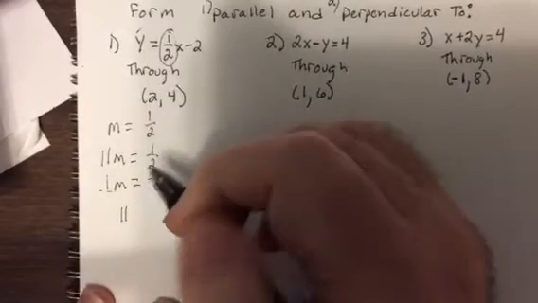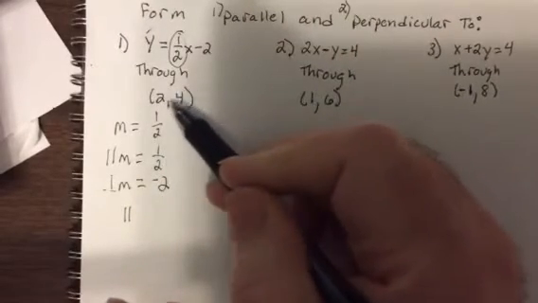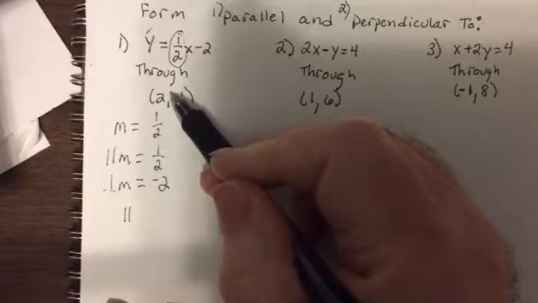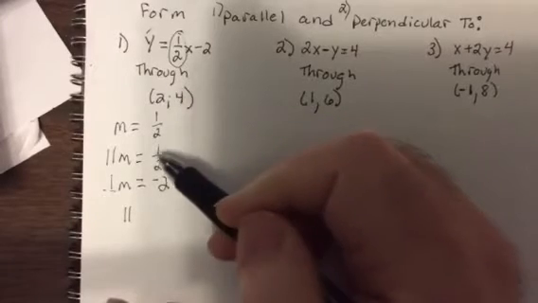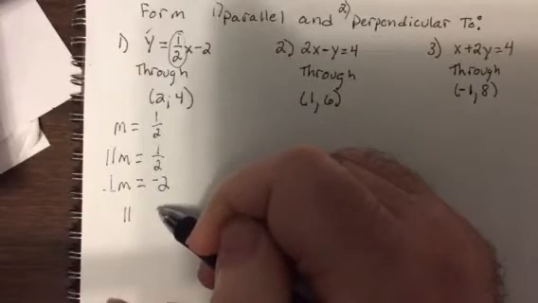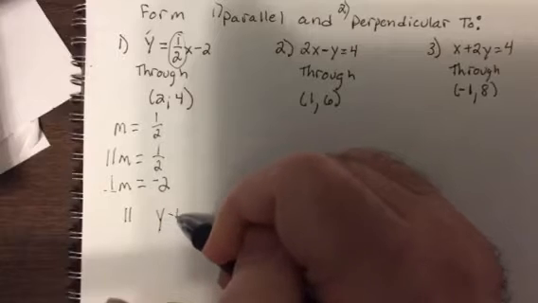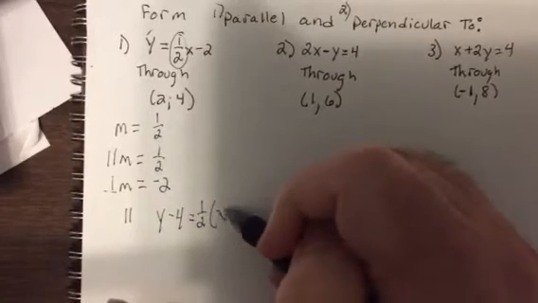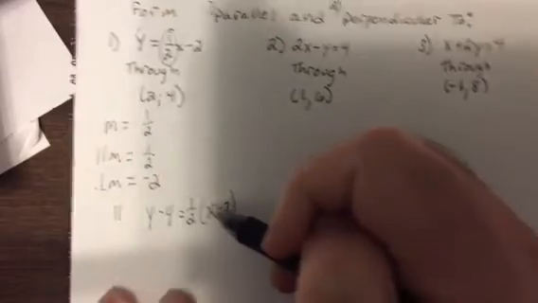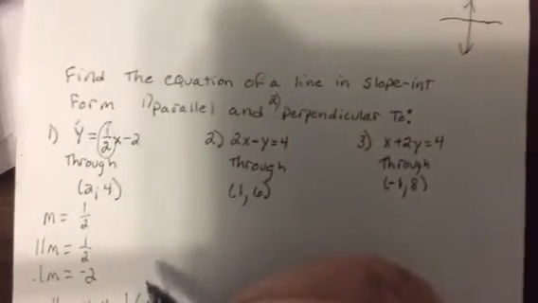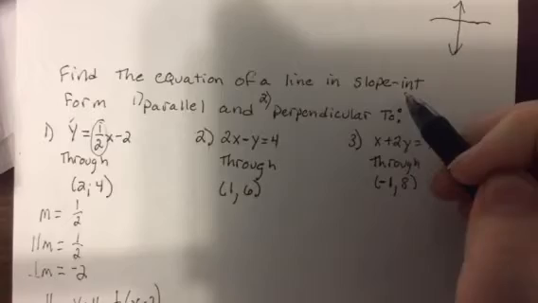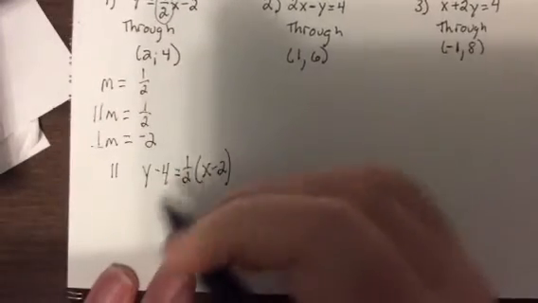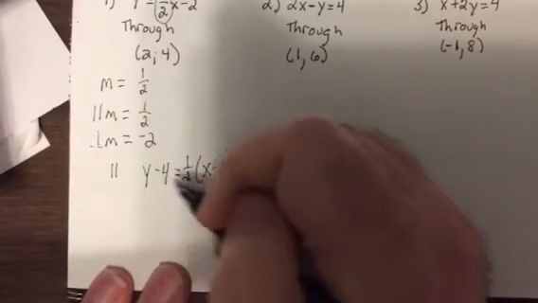So let's find the parallel line. Now you need a point. Well, the parallel line is going to go through this point. This is given. And the parallel slope. So we've got a point and the slope. So y minus 4 equals 1/2 times x minus 2. Now in the directions it says I want slope-intercept form, so solve for y.